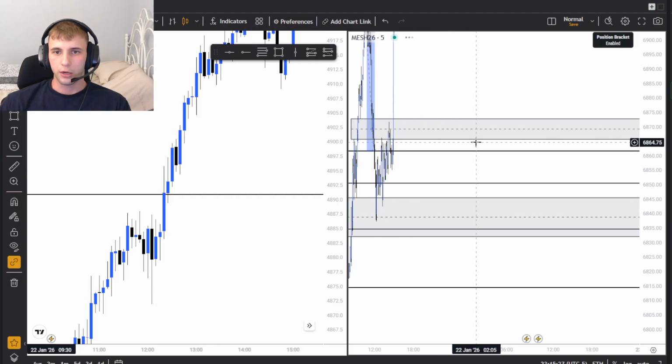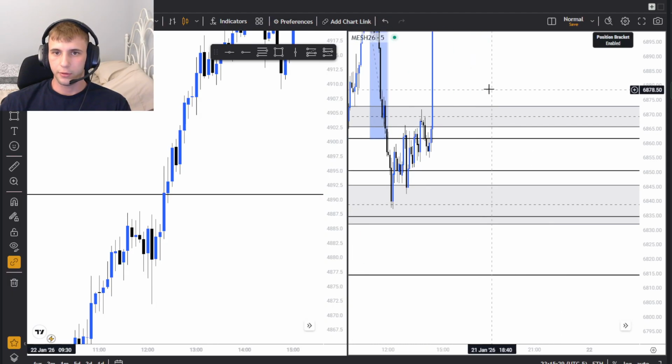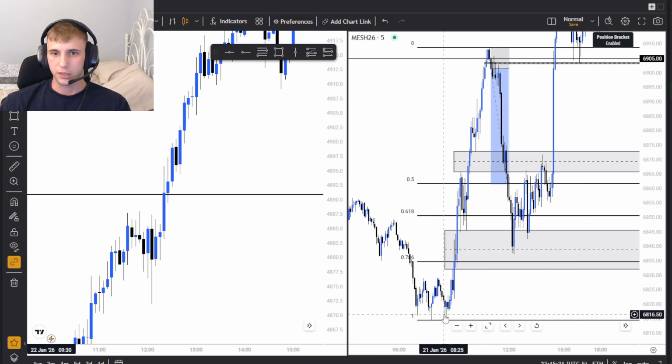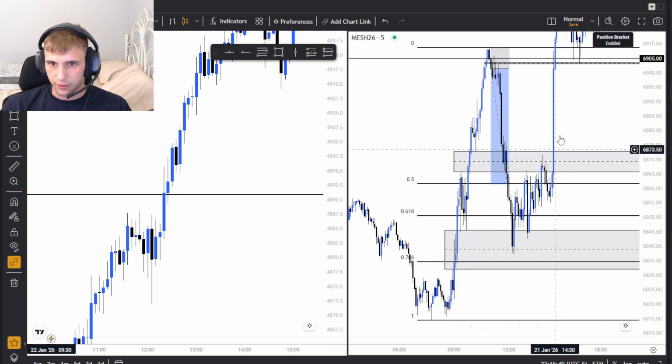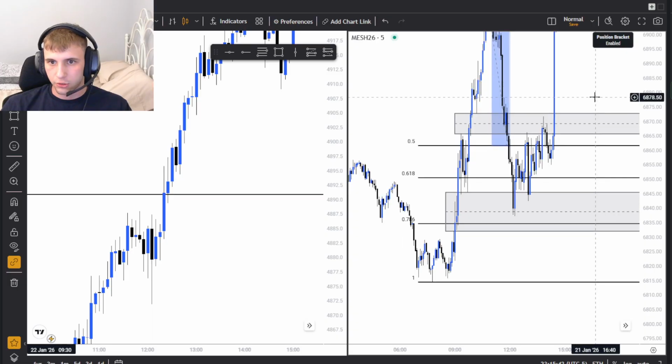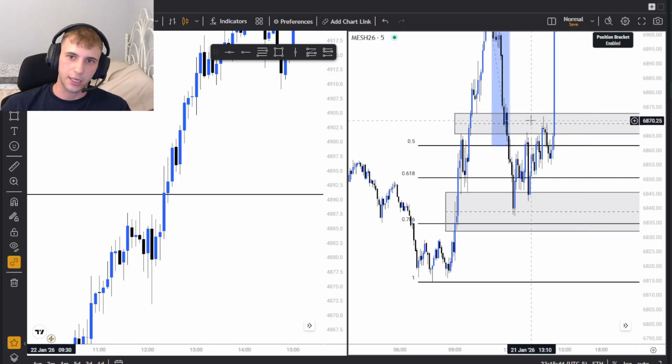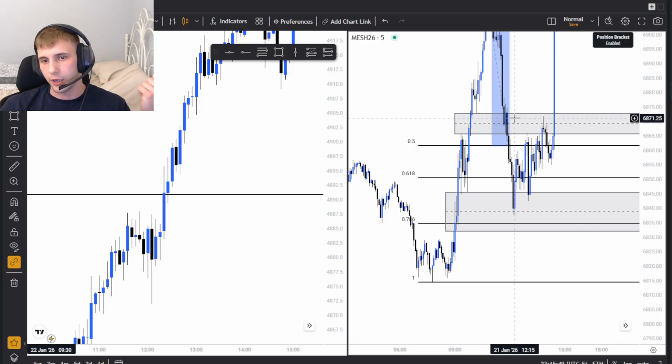Well, you still want to mark out equilibrium of that move up. Why? Because now look at this, okay? This 30-minute fair value gap is still in the premium of this move up. So the odds of this fair value gap getting respected are fairly low, okay?